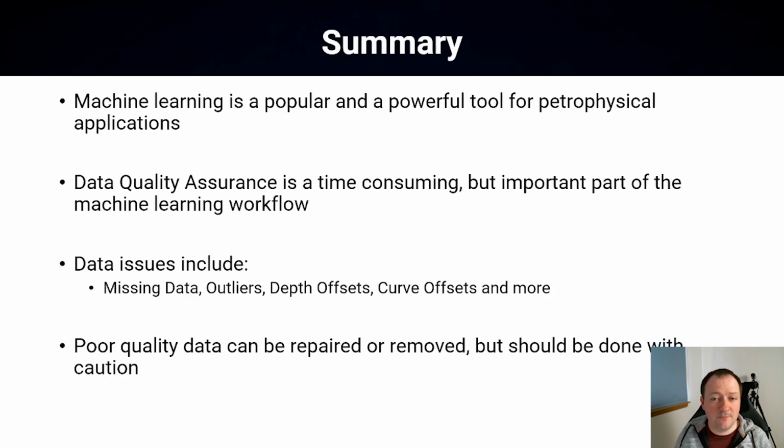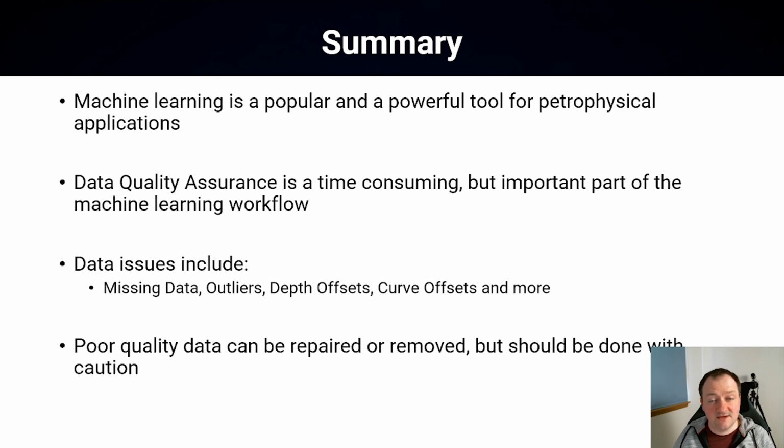So to summarise, the popularity of machine learning within our domain is increasing greatly, and it can have many powerful benefits in a wide range of applications. However, data quality assurance is a time-consuming task, but a very important one. Any machine learning model that is built on poor quality data could have implications for the final model in terms of the predictive power, and also have consequences on the decisions made on the prediction results.